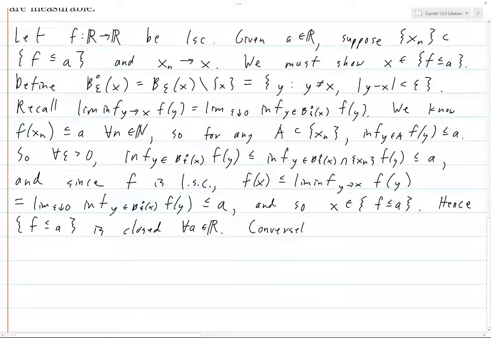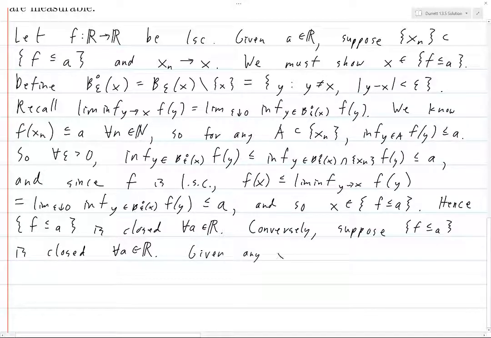So conversely, suppose that this set is closed for all real numbers a. Now, given any x in R, remember, what are we trying to prove?